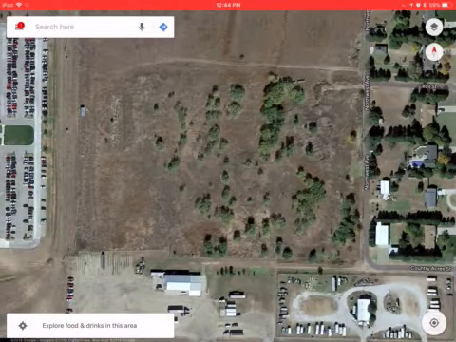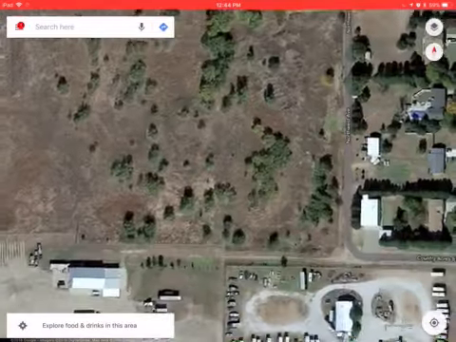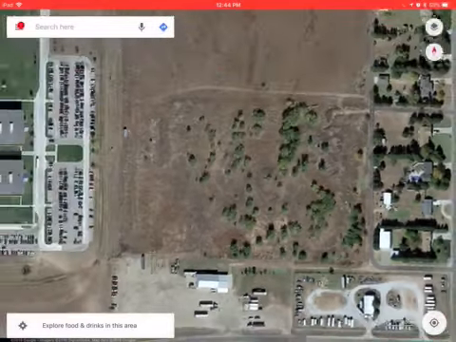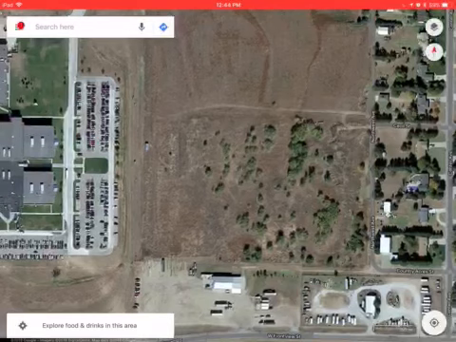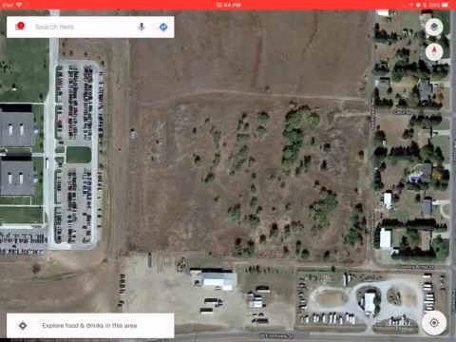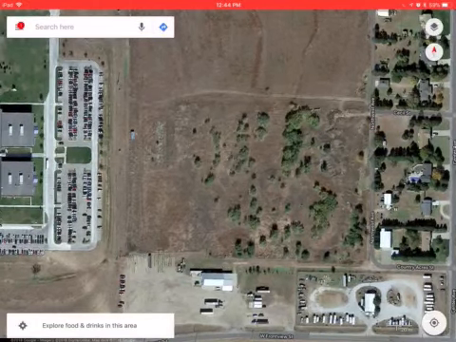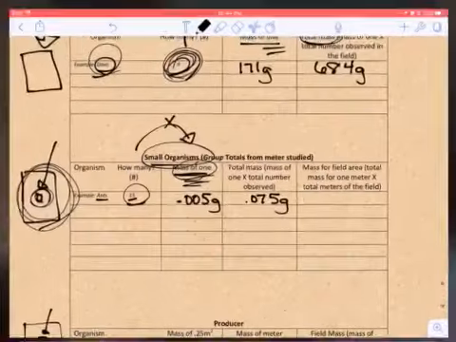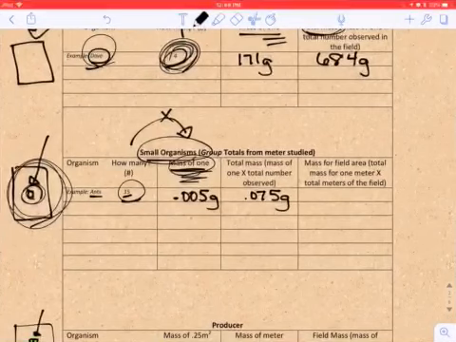You could go on over to Google and see in the bottom right-hand corner, it gives you 50 meters down there. I just used a paper and I measured it on the picture. And so it ended up being 45,000 meters squared.